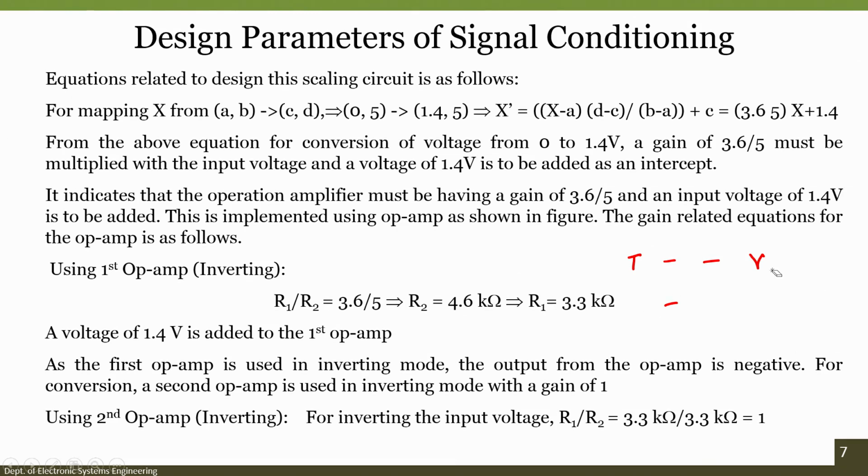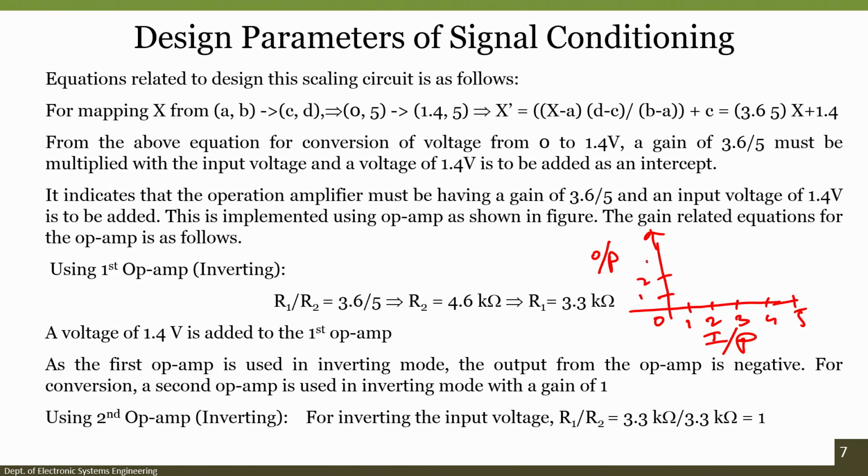Now, let us say this is my input and this remains my output. So this is the input voltage and the output voltage, and how we go about designing this is what I am trying to tell you.